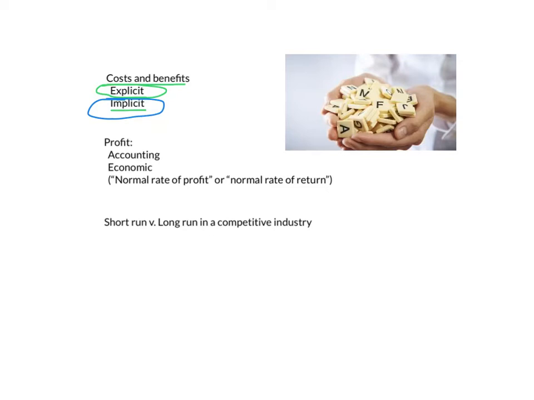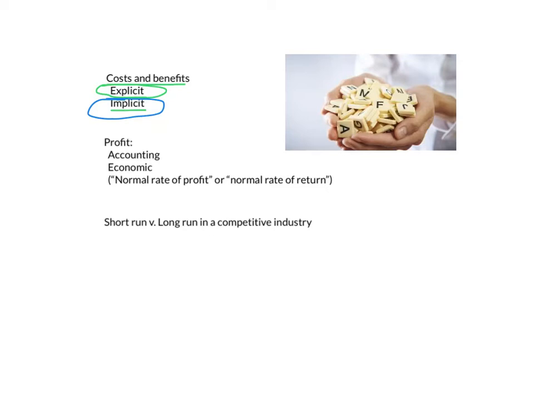So if you left a job as an accountant and were making $100,000 a year to go start your own business, and you're just living off the residual, the difference between your revenues and your explicit costs, there would be a real opportunity cost of that foregone salary of $100,000.